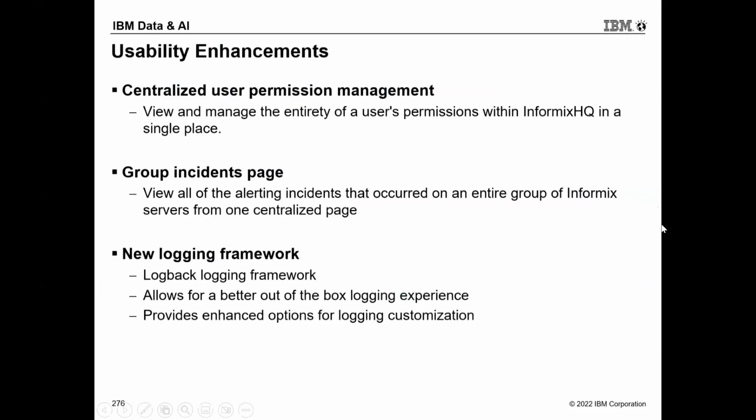Usability enhancements: centralized user permission management. View and manage the entirety of the user permissions within HQ in a single place. A group incidents page, viewing all of the alerting incidents that occurred on an entire group of Informix servers from one centralized page. New logging framework, Logback, is implemented, allows for a better out-of-the-box logging experience, and provides enhanced options for logging customization.